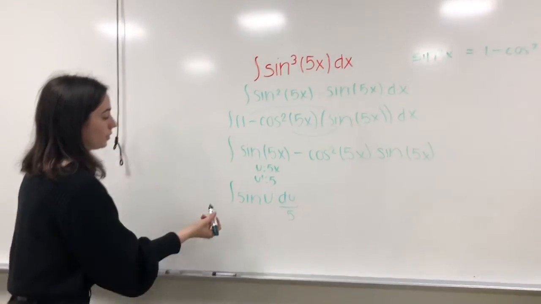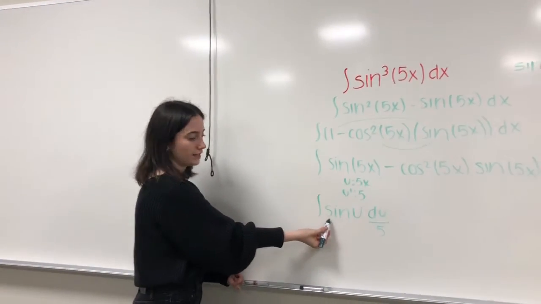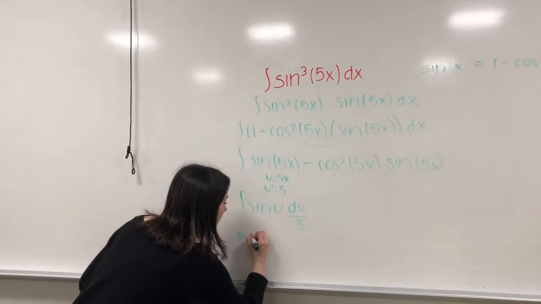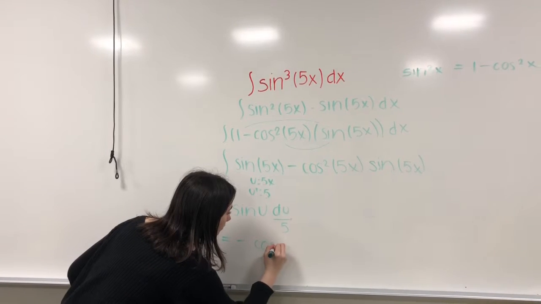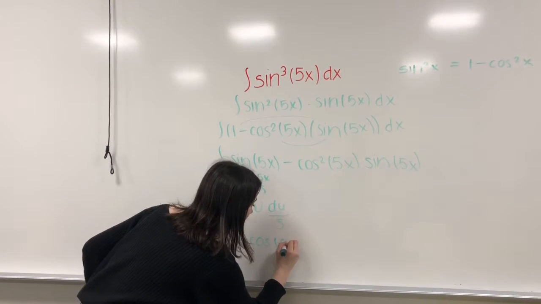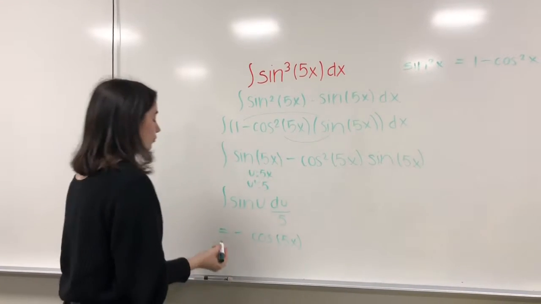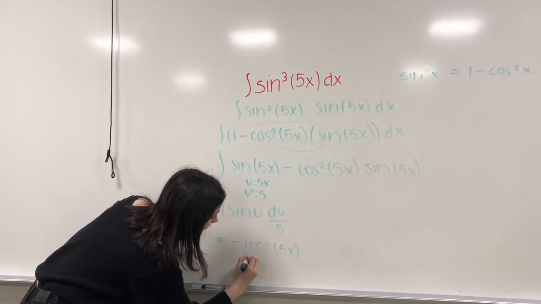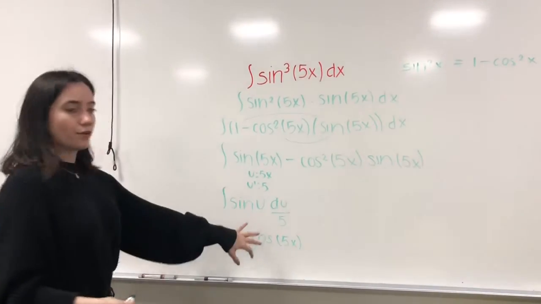And then we know that the antiderivative of sin is negative cos, so we can change it: negative cos, our u in this case is 5x. And if we divide 1 times 5, we have 1 over 5. So that is the answer of the first part.